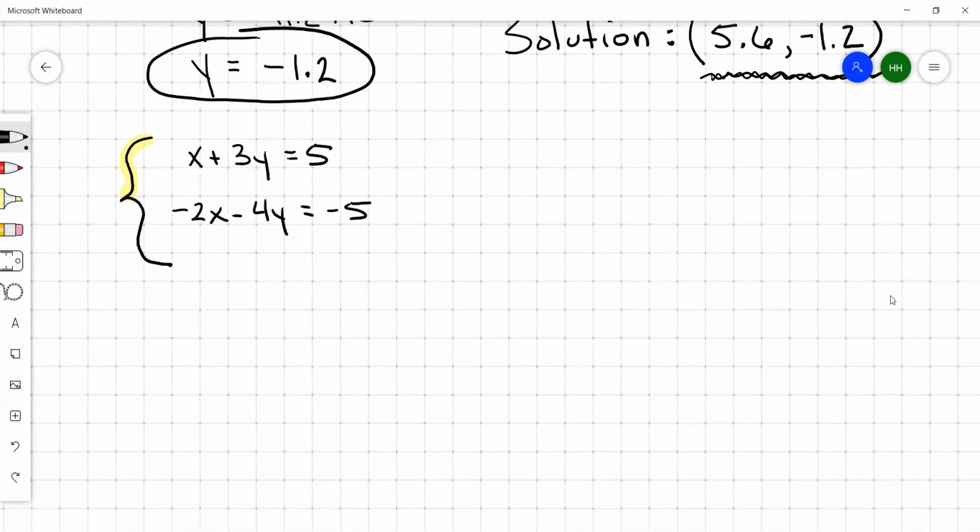We're going to determine which one it would be easiest to solve for one variable. And it looks to me like this top equation would be pretty simple to solve for x. So if we rewrite it, we've got x plus 3y equals 5, and subtract 3y from each side. Then our x is going to be equal to 5 minus 3y.